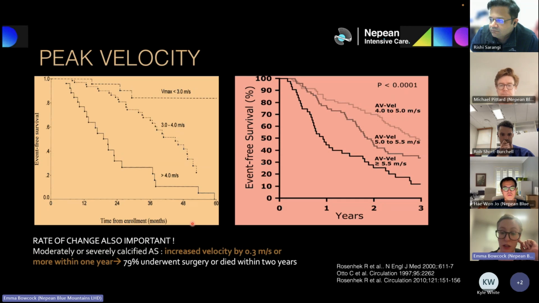I think this is the Rosenheck study, I can't quite remember, but if their velocity increased by 0.3 meters per second or more within 1 year, then most of them underwent surgery, or if not, they died within 2 years. So the rate of change is important to keep an eye on as well, which means it's really important that you're doing the same thing every time when you're following these patients up.